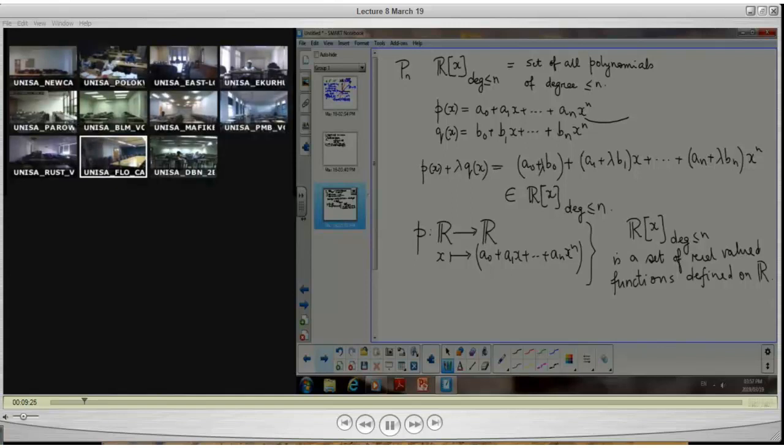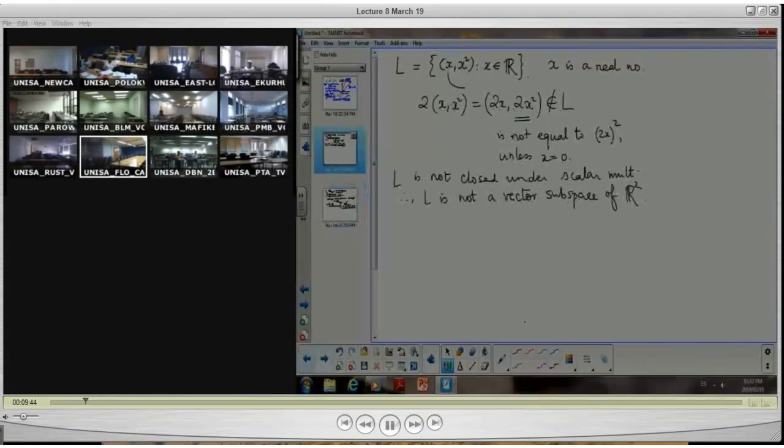That means I am adding two functions, and I am scalar multiplying a function. So the operation is on this set. Whereas over here, L also represents a function.